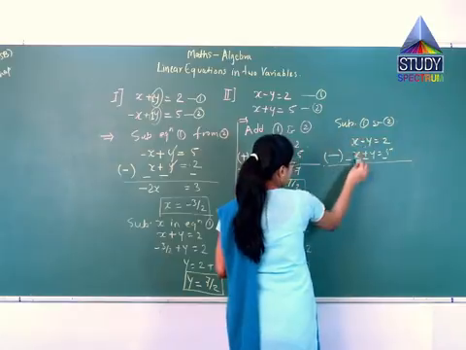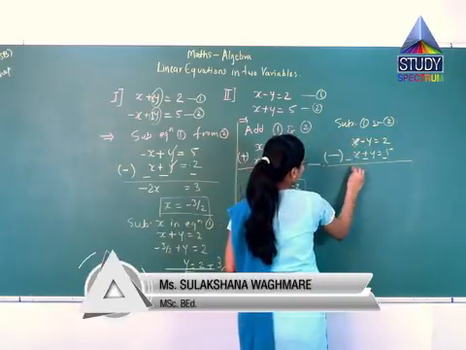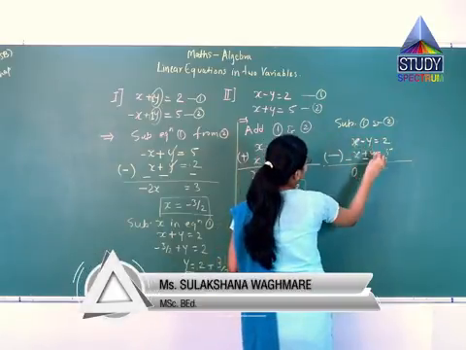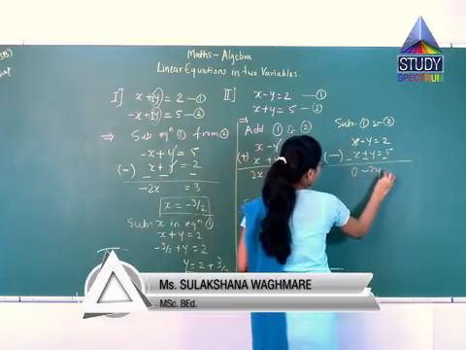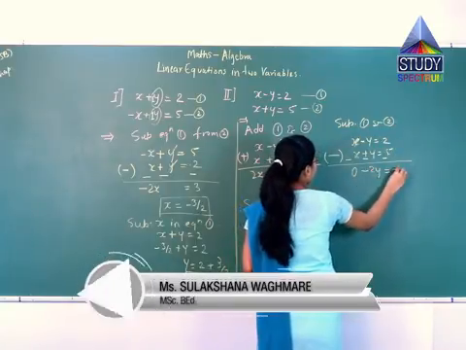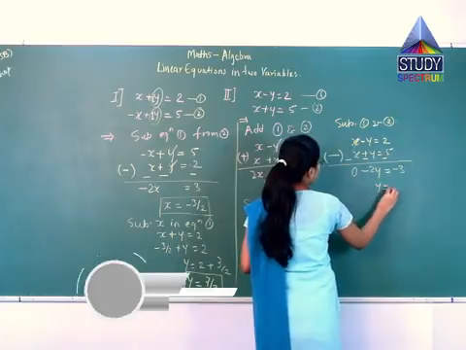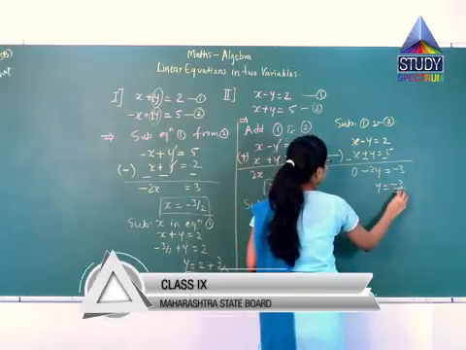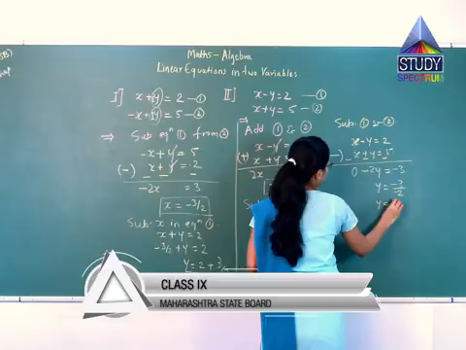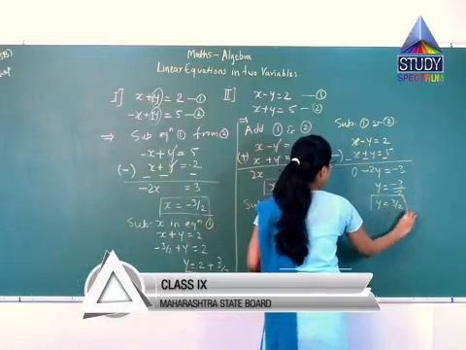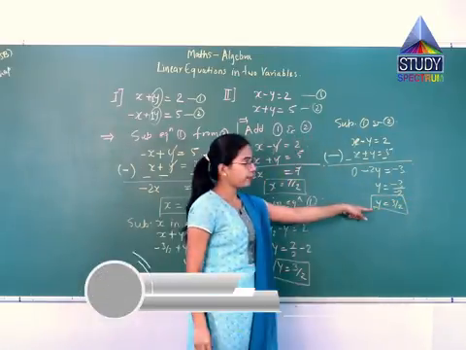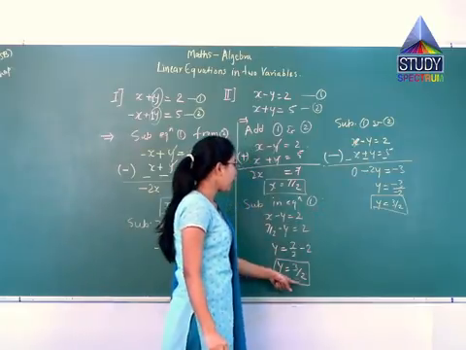Now x minus x will get cancelled. So 0 minus y minus y is minus 2y, and 2 minus 5 is minus 3. So y is equal to minus 3 upon minus 2, 3 by 2. Similar value you got here.